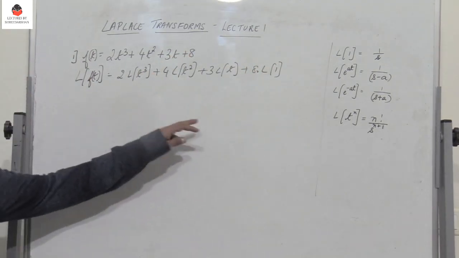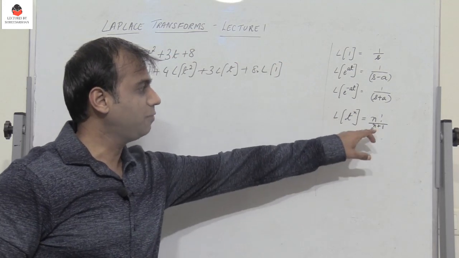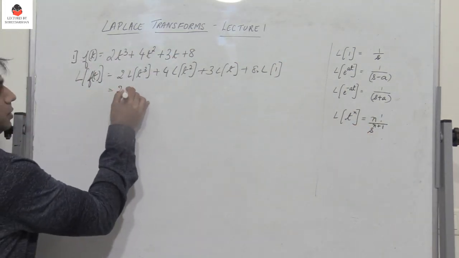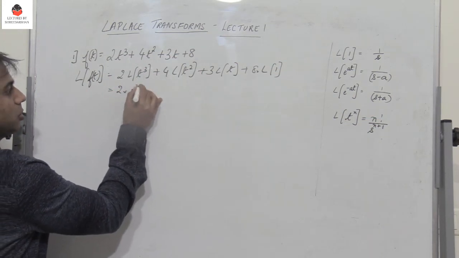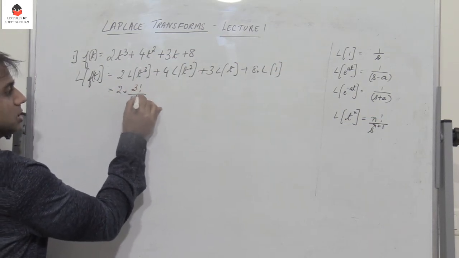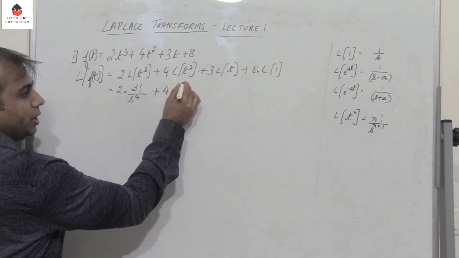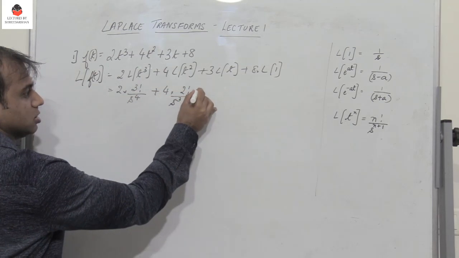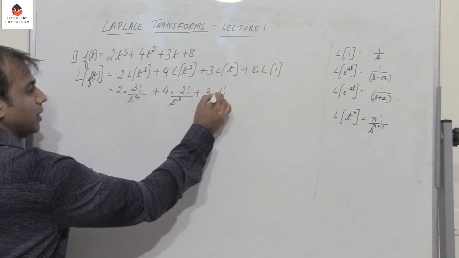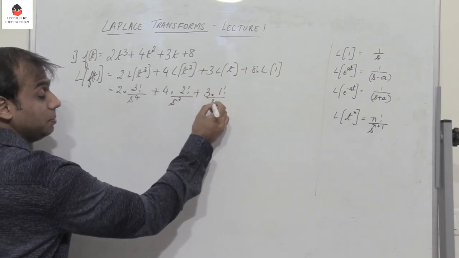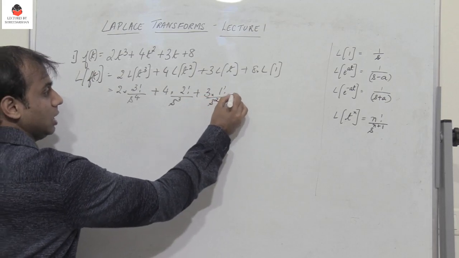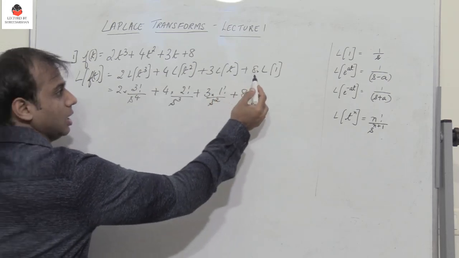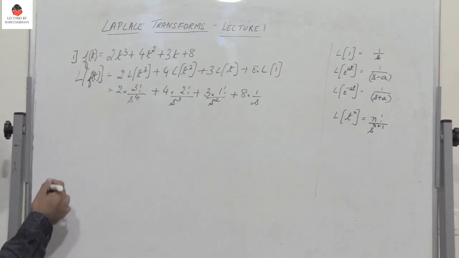So we have the expression: Laplace transform of t power n is n factorial over s power n plus 1. So this is 2 into, n is 3 here, 3 factorial divided by s power 3 plus 1, which is 4, plus 4 into 2 factorial divided by s power 2 plus 1, which is 3, plus 3 into 1 factorial divided by s power 1 plus 1 equal to 2, plus 8 into 1 by s, because L of 1 is 1 by s.